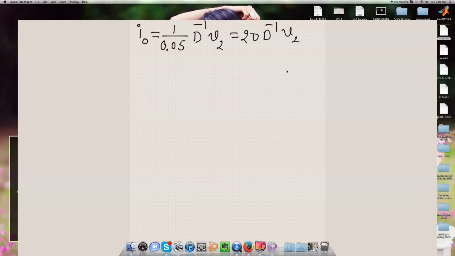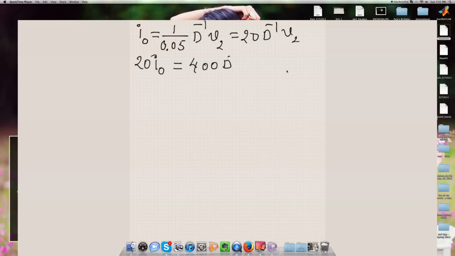So why do we need this I naught? This is to get the output from the diamond. Diamonds are mystic. They have quantities like 20 times I naught. So the first thing we would do is demystify the diamond, get its value. Meaning 20 times I naught is now simply 20 times the value of I naught, namely 20 D to the minus 1 V sub 2. 20 times 20 is 400.